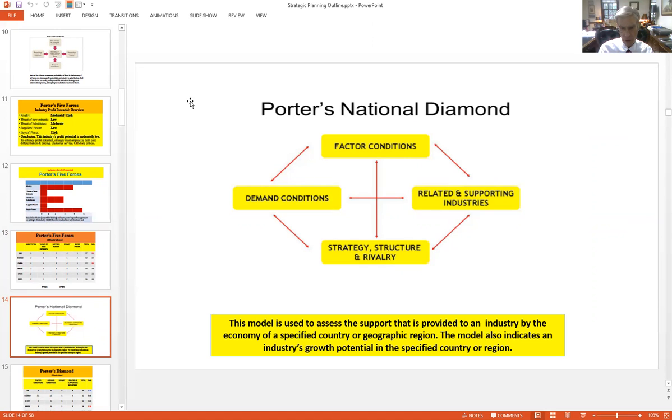In this particular case, Porter's National Diamond, these factors propel or support the growth and prosperity of an industry. So we would like these factors to be pretty strong, with the exception of one, and that's rivalry. And it behaves differently than rivalry does in the five forces. And we'll get to that in just a minute.